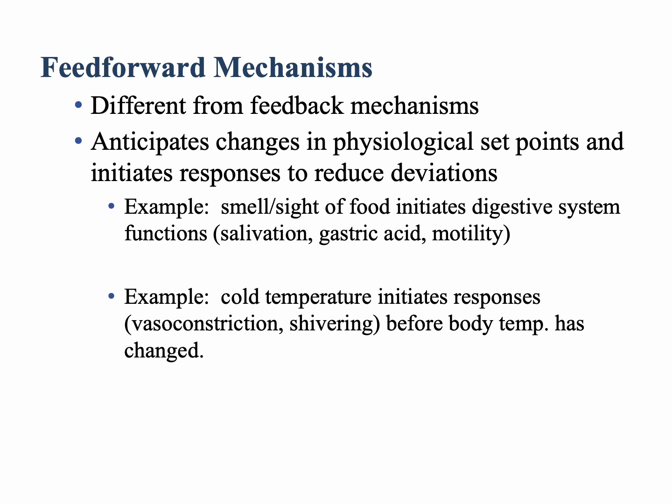A really good example of this is the sight or the smell or the thought of food that will cause you to start salivating and cause the stomach to start secreting secretions in anticipation of food. So that's what we mean by feed-forward loops. Again, feed-forward loops are mechanisms that anticipate a future change, and then they cause some type of mechanism to come into play.